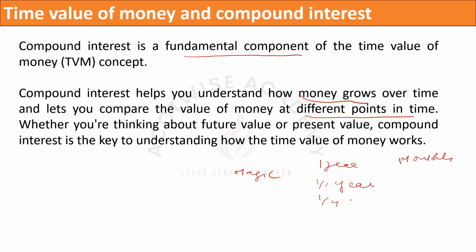Similarly, we also saw how compound interest works when it is charged for 1 year, 2 years, 3 years, etc. So when you are thinking about the present or future value of money, compound interest is a secret ingredient that helps you understand how money's value changes over time, or how the time value of money works.